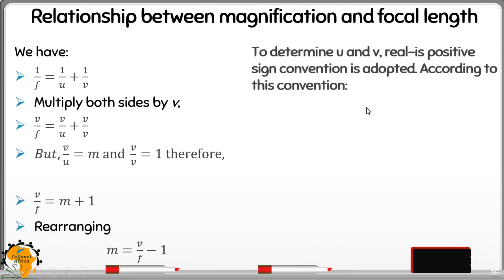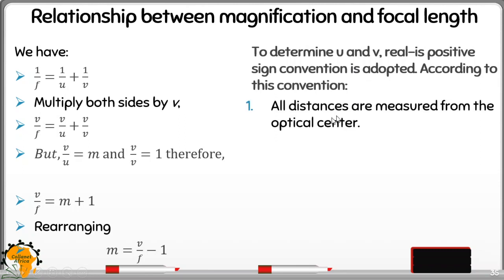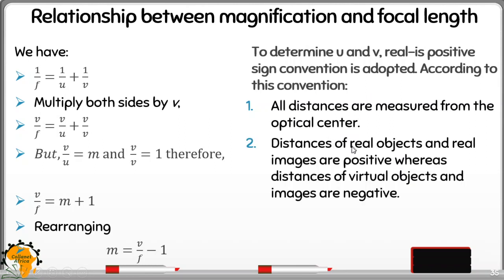When we are using the lens formula, the real-is-positive convention is adopted. In this way, we say that all distances are measured from the optical center. That is one thing that you're supposed to note. Then number 2, distances of real objects and real images are positive. Whenever you see a positive, know that it is real.